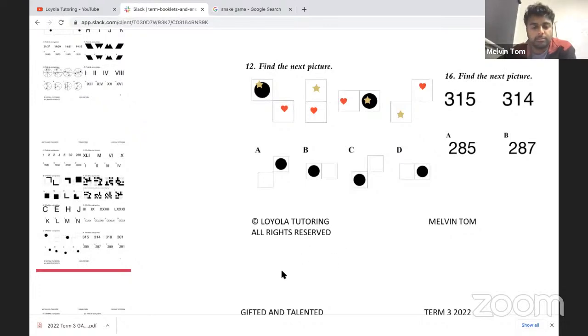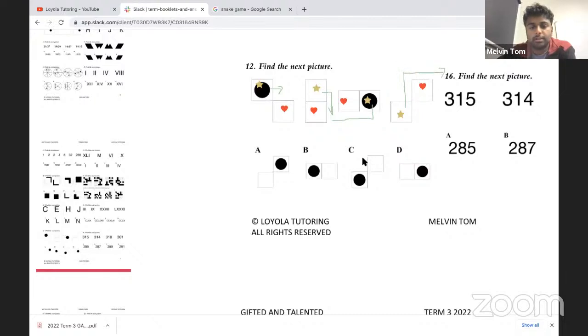If you visualize it like that, then this square goes clockwise 1 direction, then it goes clockwise 1, 2 directions, then it goes clockwise 1, 2, 3 directions. So the next one should be 1, 2, 3, 4.